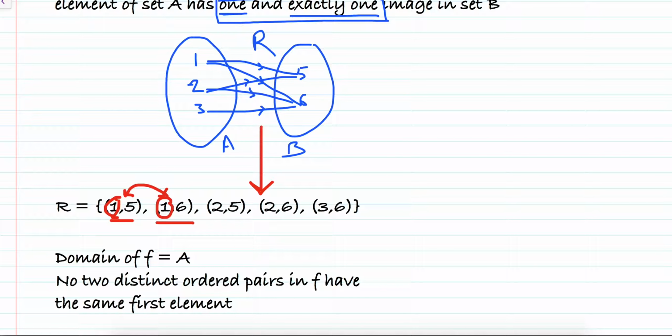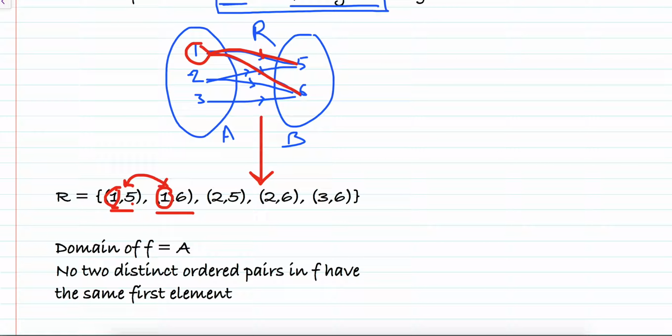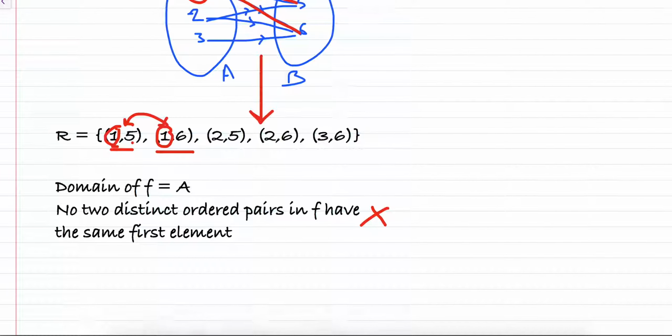So what does this denote? There is an arrow from 1 to 5 and from 1 to 6. If we have multiple arrows going from one element, then one element will form part of multiple pairs as first element. So this case should not be there for R to be a function.